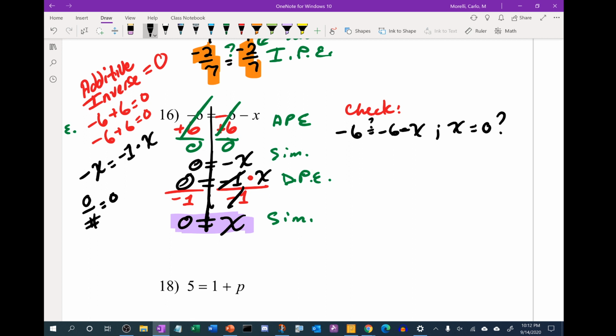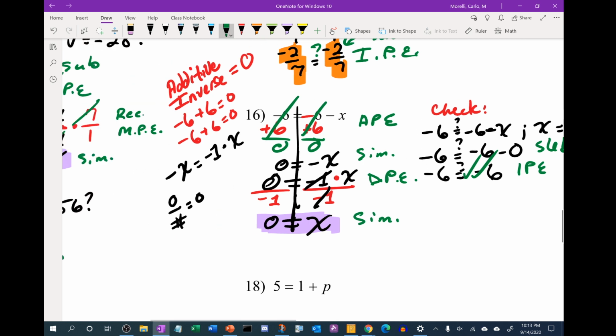Is this true? Well, let's substitute and find out. So I got negative 6 equals negative 6 minus 0. Okay, this is substitution. Well, negative 6 minus 0 is just negative 6. How do I know this? By the identity property of equality. Okay? So we're sure that x equals 0.